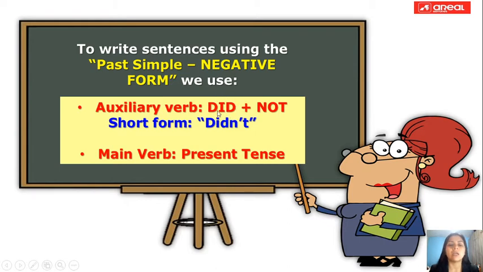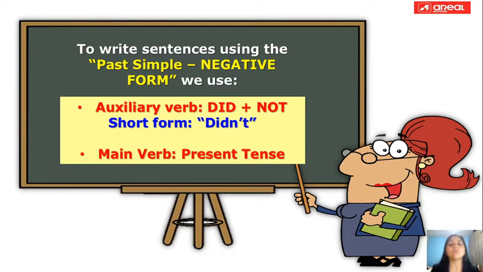But if we are talking about negative, we have to add not. Did not, and this did not has a contraction or short form that is didn't. So remember that, did not, or you can use didn't.